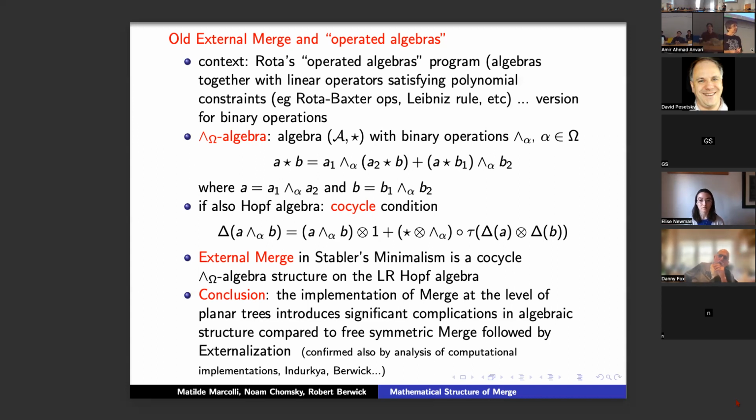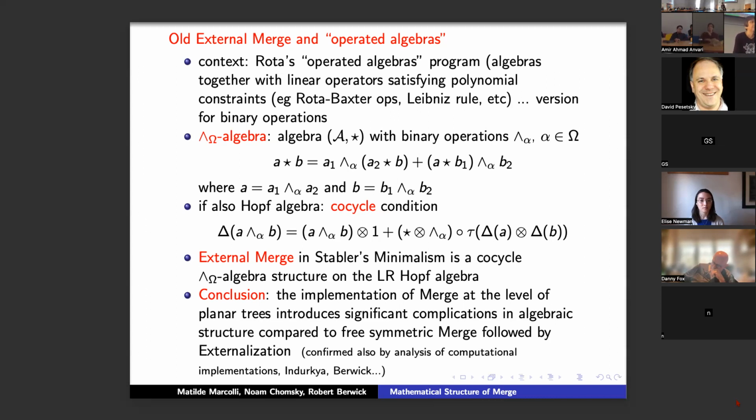And this is also conceptually problematic, in the sense that you have to justify why two merge operations with different algebraic properties have come up. It's more difficult to come up with an explanation for that.